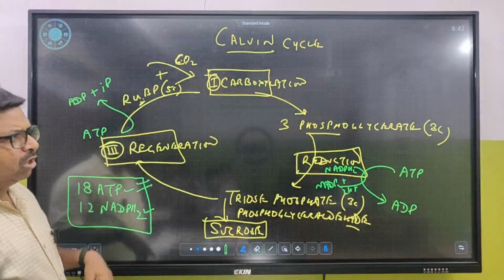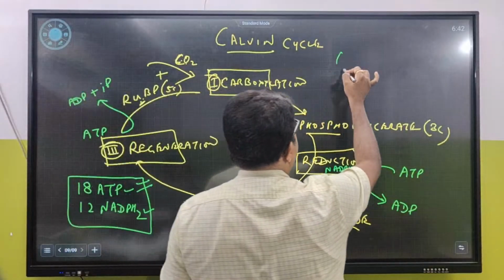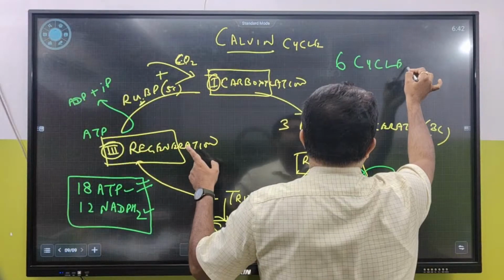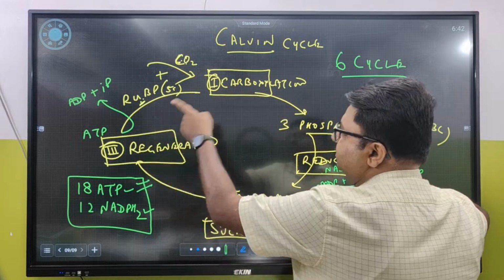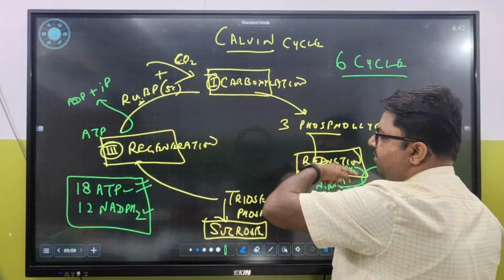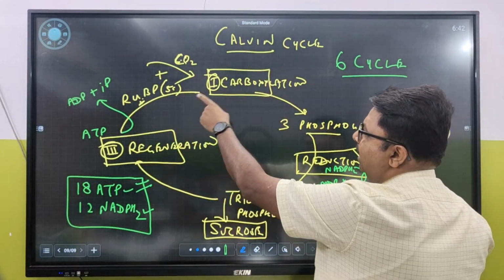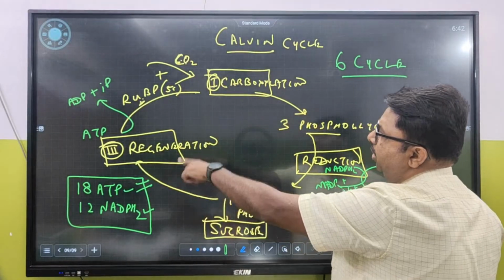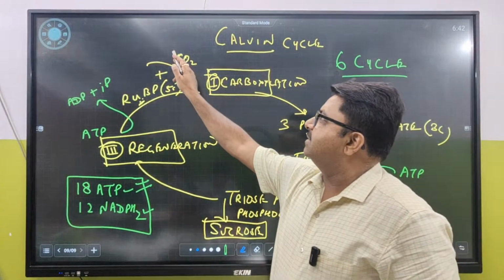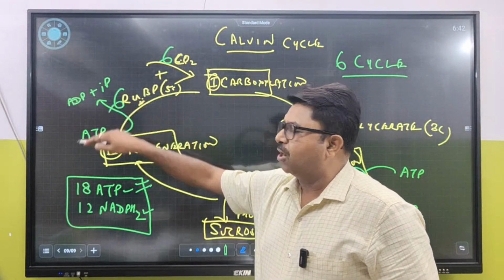If this cycle runs 6 times, then 6 carbon dioxide are going to bind with 6 RuBP.